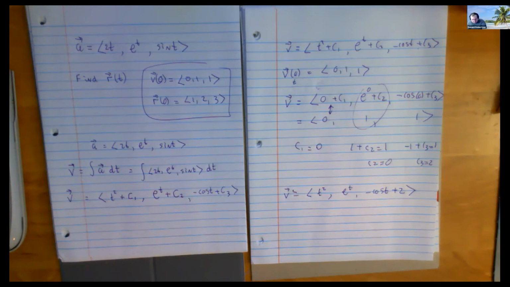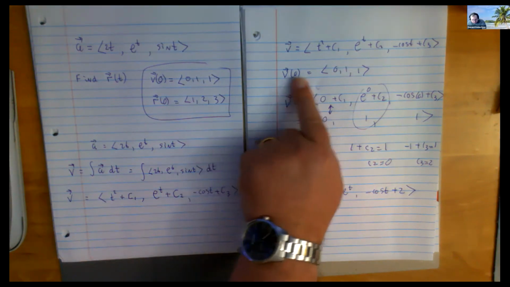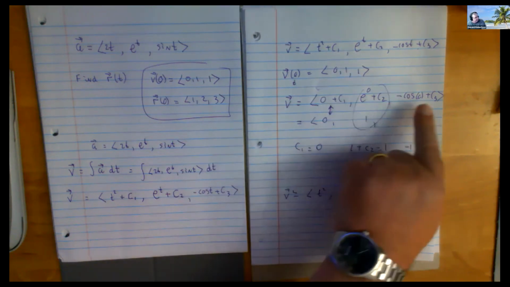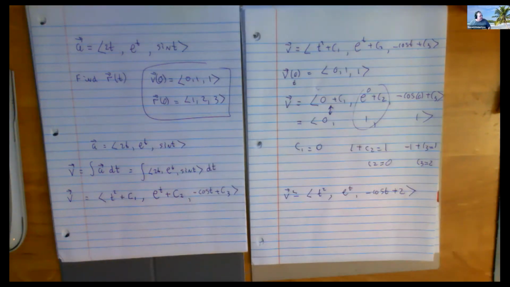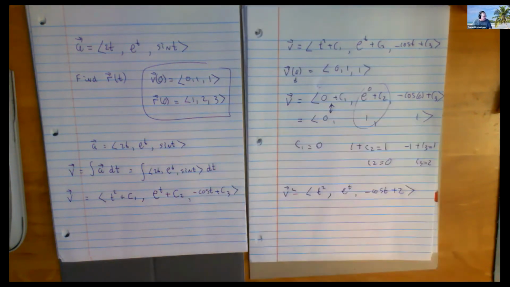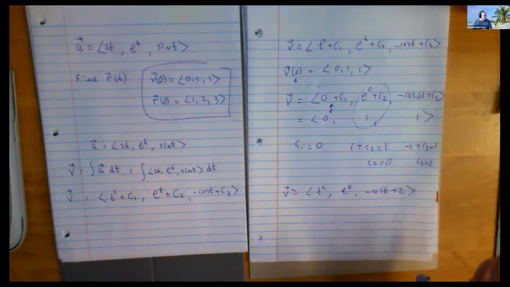That I'm using the value of the velocity function at one given point to find out what numbers C1 and C2 and C3 are, right? You have to figure out that those arbitrary constants are a fixed number. We just don't know what that number is. But the minute you give me this piece of information, doesn't that force the C1, 2, and 3 to be one specific value? And that's what I'm doing.